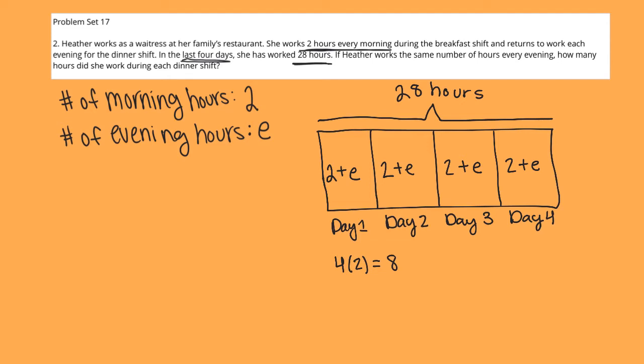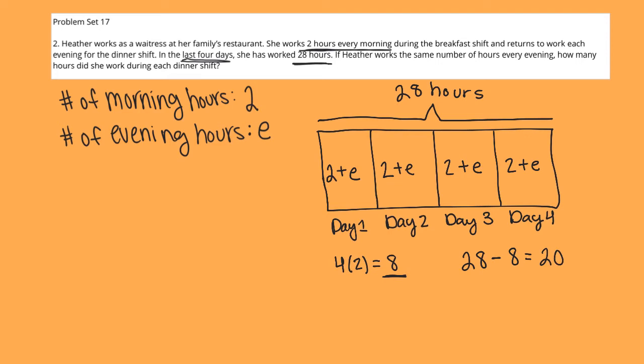So to figure out how many hours she has worked in the evening per day, first of all, we need to look at her total amount of hours. She has 28 hours. And we're going to subtract that by the number of hours she worked in the morning, which was 8. So now I have 28 minus 8, and that's going to give me 20.